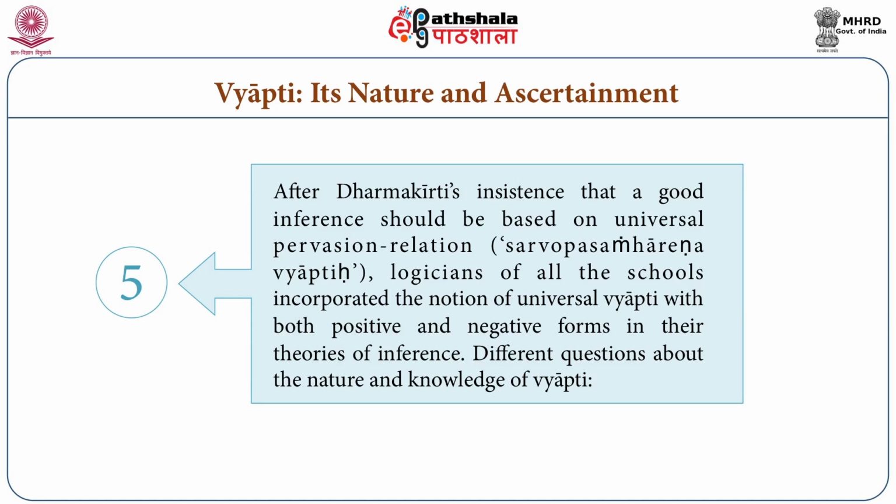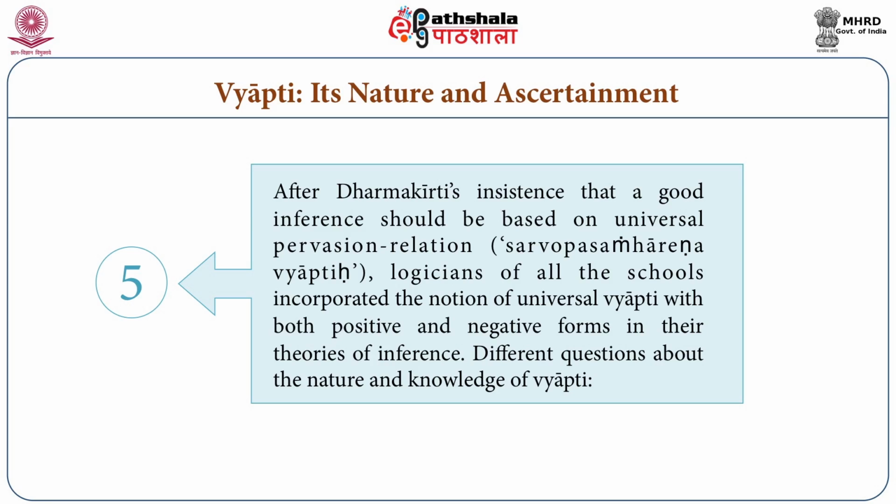Now, after Dharmakirti's insistence that a good inference should be based on universal pervasion relation, sarvopasamharena vyaptih, logicians of all the schools incorporated the notion of universal Vyapti with both positive and negative forms in their theories of inference. So, different questions about the nature and knowledge of Vyapti could be asked.